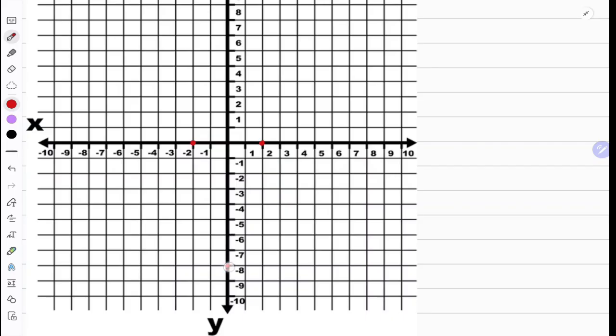It is somewhere there. So now we can just join these points. I'm first going to start with a curve, and then I'll take it up, take it up, take it up. So this is what h of x looks like. This is h of x.